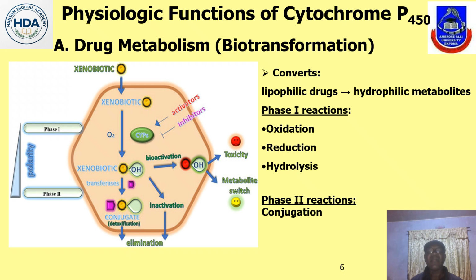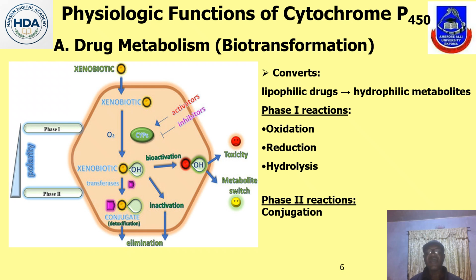Now let's proceed and look at the cytochrome P450 physiological functions. As mentioned from the beginning, they are involved in drug metabolism or biotransformation of drugs. You can see the pathway involving the phase 1 and the phase 2 reactions.